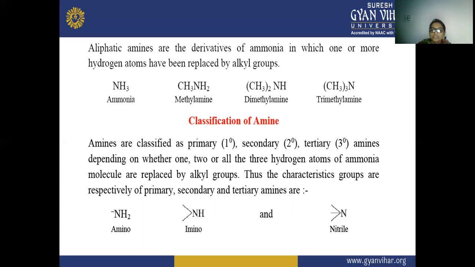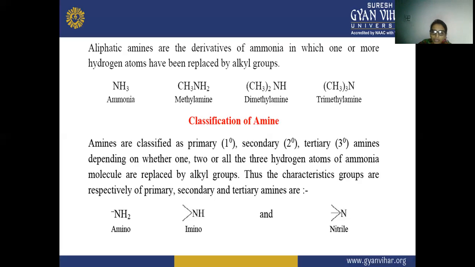Amines are classified as primary, secondary, or tertiary depending on whether one, two, or all three hydrogen atoms of the ammonia molecule are replaced by alkyl groups. And thus the characteristic groups of primary, secondary, and tertiary amines are like this.